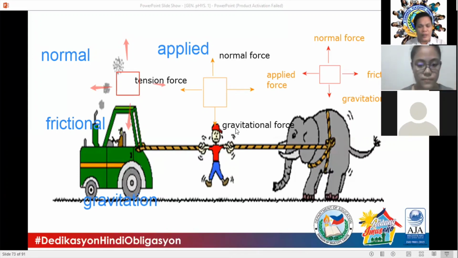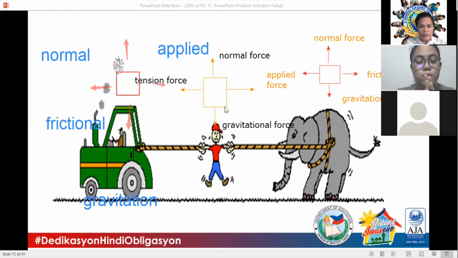Okay, what if I will ask you, what are the pairs of forces acting on this illustration? Pag sinabi po nating pair of forces, we are referring to, di ba, action-reaction forces. So, sa action-reaction forces, merong mga pairs of forces yan.